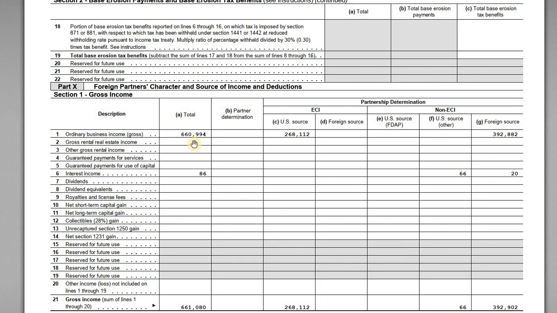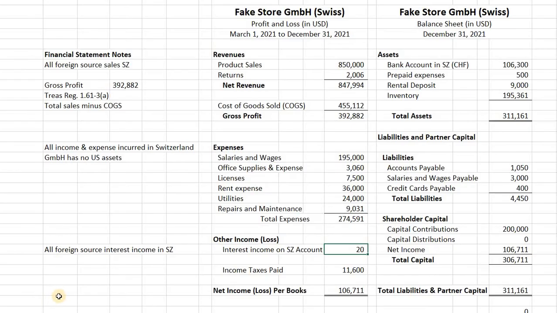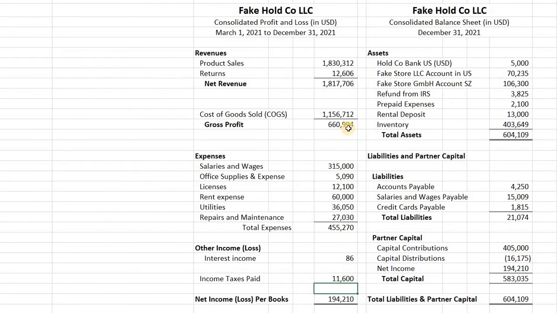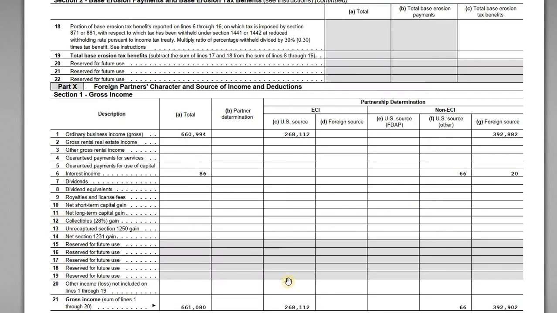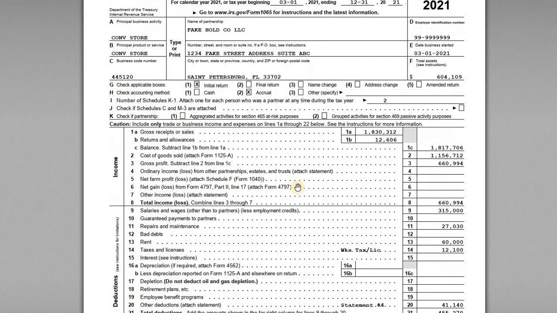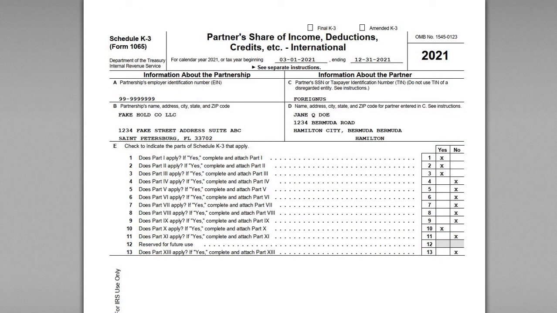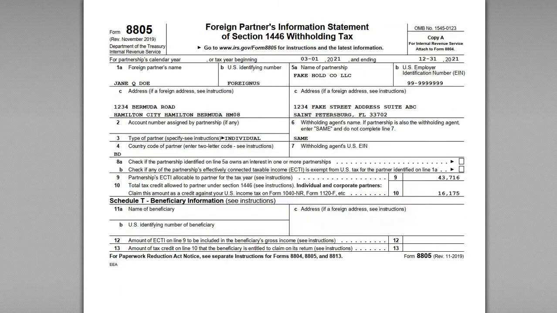So the total gross income from the company, 660,994. We can see that number if we look at not only the financial statements, right? So if we look at the consolidated group here, there's the 660,994. And of course, we can also see that if we jump all the way up to page 1 in the gross profit here, 660,994. Okay, so let me jump back to the K-2.